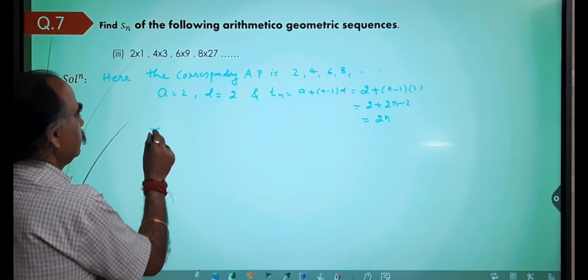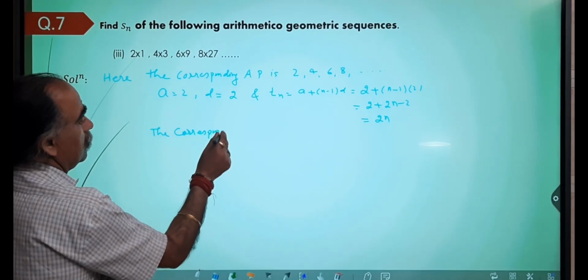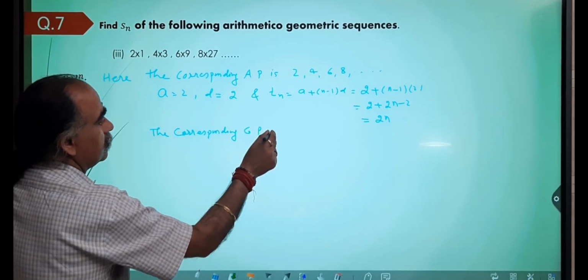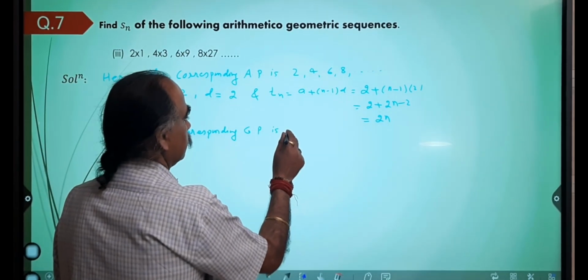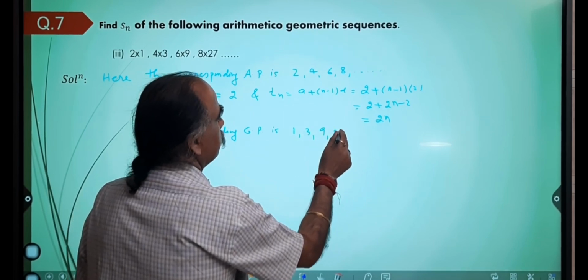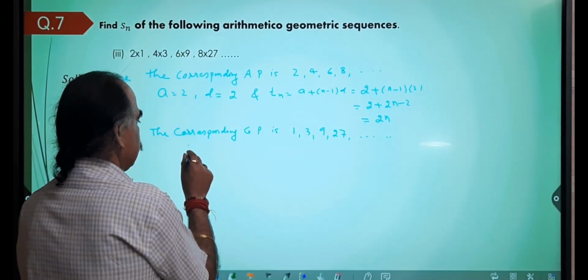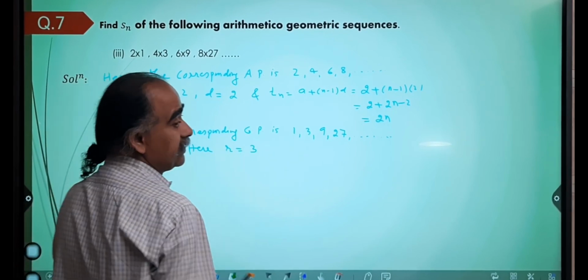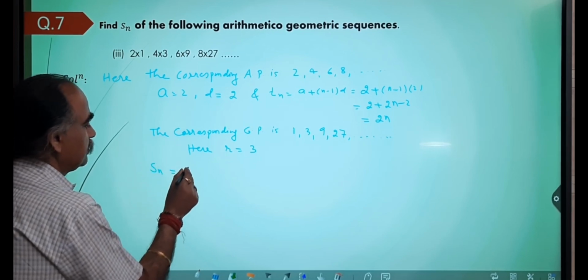The corresponding GP is 1, 3, 9, 27 and so on. Here R is 3.